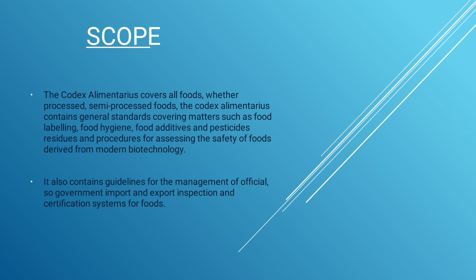What is the scope of the Codex Alimentarius in the foods? The Codex Alimentarius covers all foods, whether processed or semi-processed. It contains general standards covering matters such as food labeling, food hygiene, food additives and pesticides residues, and procedures for assessing the safety of foods derived from modern technology.